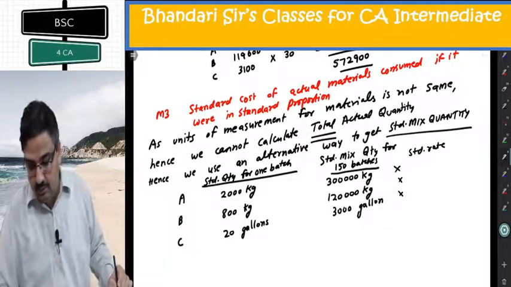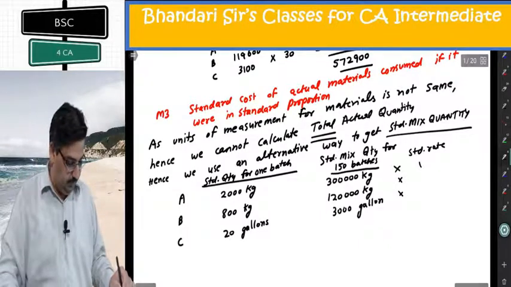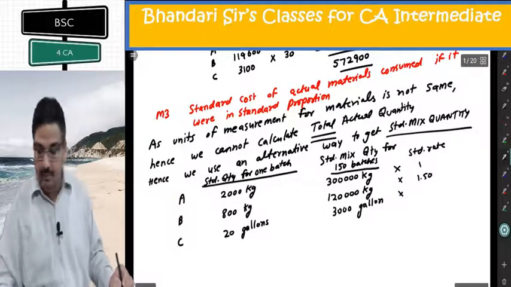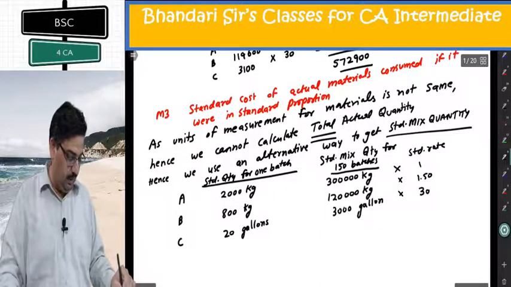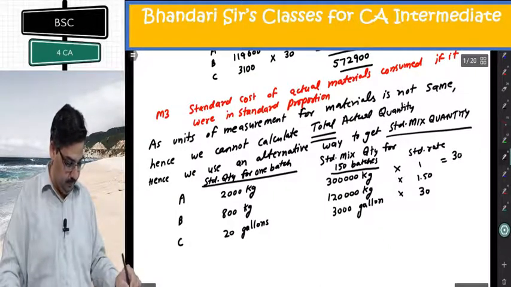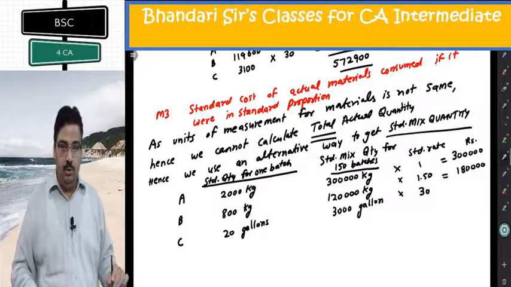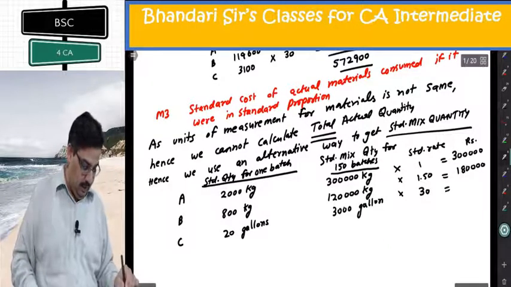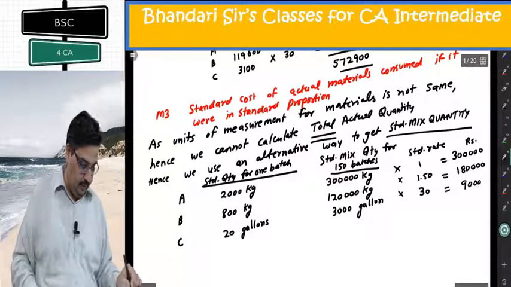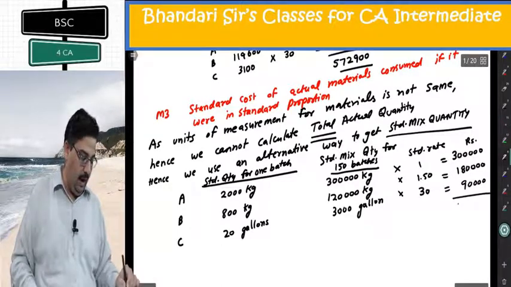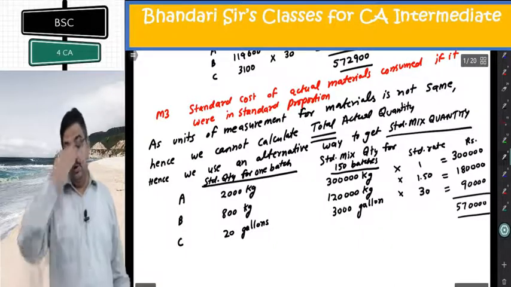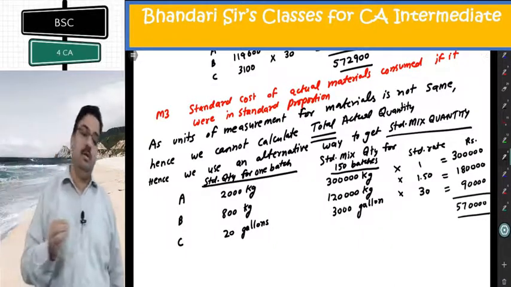Standard rate was 1, 1.50 and 30 rupees per gallon. 3 lakh rupees, 1,80,000 rupees, 3,000 gallon into 30 is rupees 90,000. When you add, you get total rupees 5,70,000. So M3 is nothing, 5,70,000.